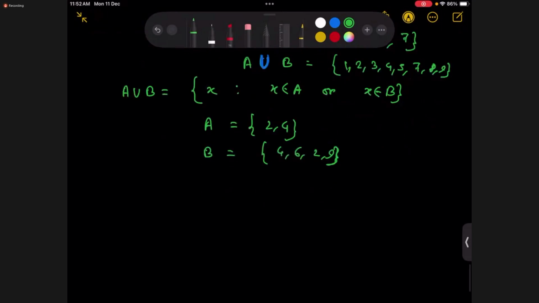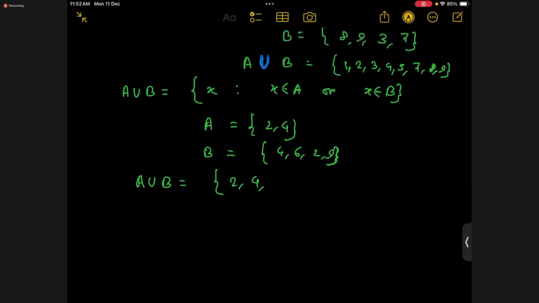We are not bothered about these things right now. So A union B is the collection of all those elements which are in A or B. In A there are 2 and 4, so the A set is complete. Now go to B. We have 2 in the set B, 4 in the set B. What rest are there? 6, 9.